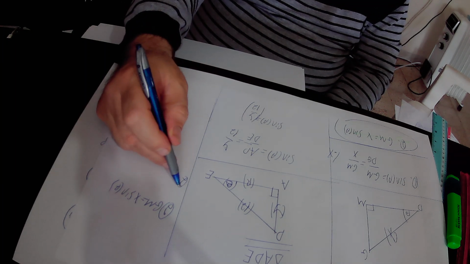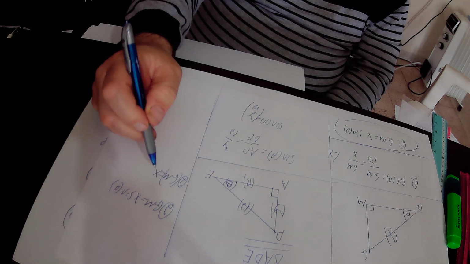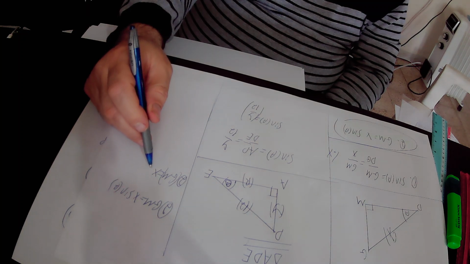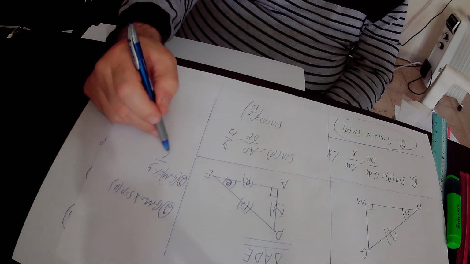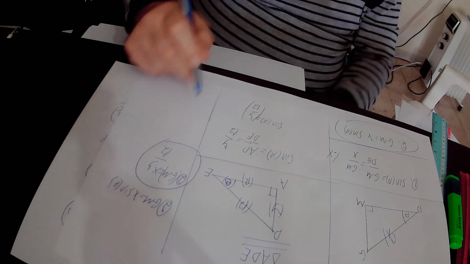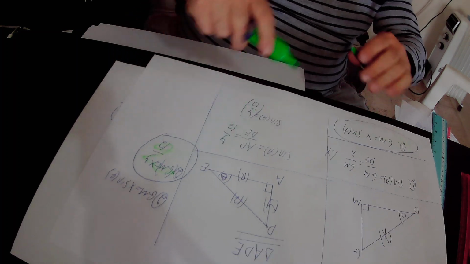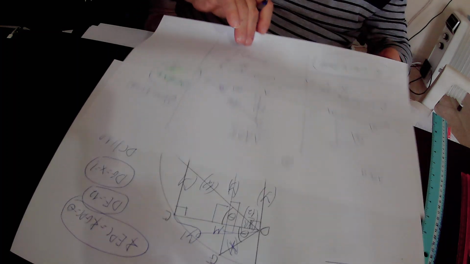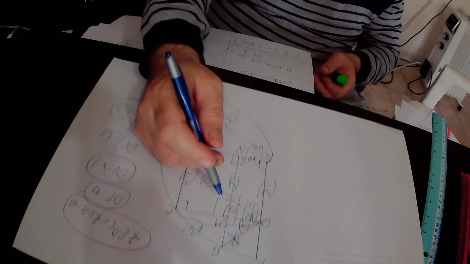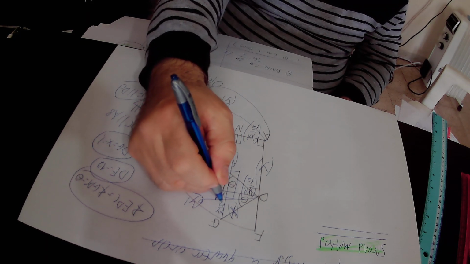We'll get that GM equals X times sine theta, and sine theta is Y over 12. So in conclusion, according to equation 2, GM equals X times Y over 12. This is GM equals XY over 12.